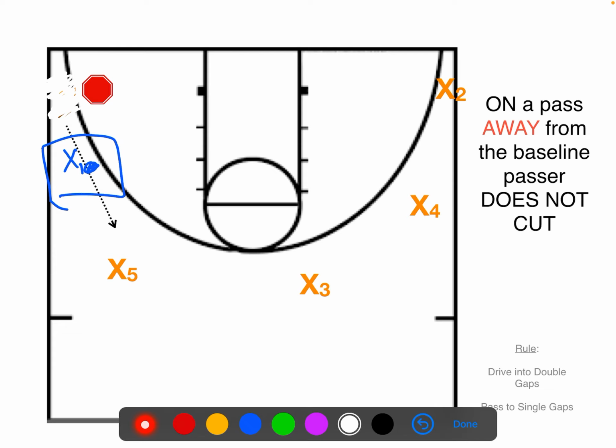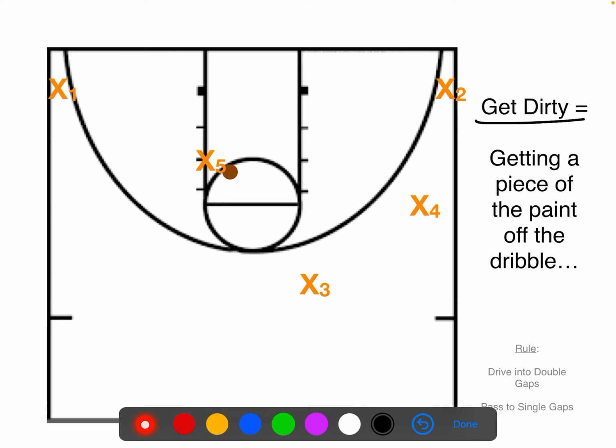If X1 was in this spacer spot and passed up to X5, we would allow X1 to move back just to give space. So that would be maybe the only exception to that rule, and it makes sense. On an upward pass, if you're in the corner, we want you to stay put here. But if you happen to find yourself in this spacer spot and this corner was open, if you make an upward pass, we'd want you to move down.